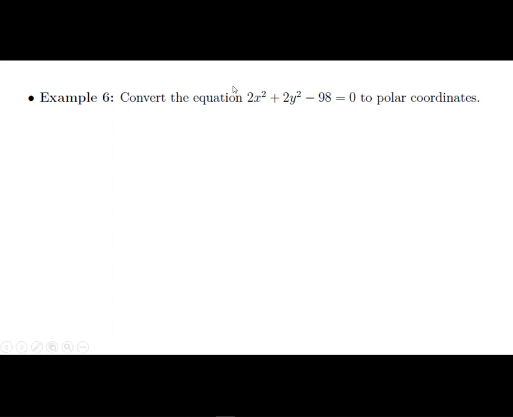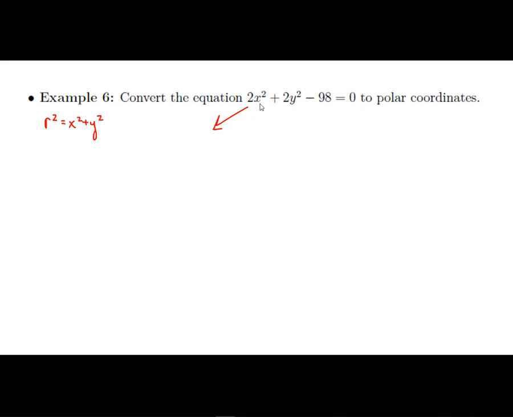And so we want to convert this equation here. And oftentimes you'll find that there is more than one way to do this. So some people might look at this and immediately realize that I have an x squared and a y squared, and that might make them immediately think of the fact that r squared equals x squared plus y squared.